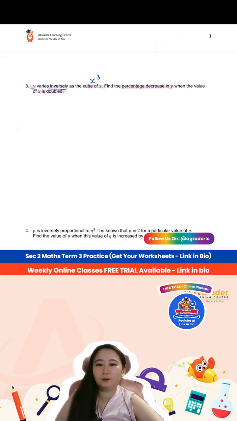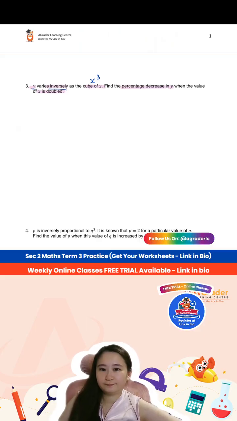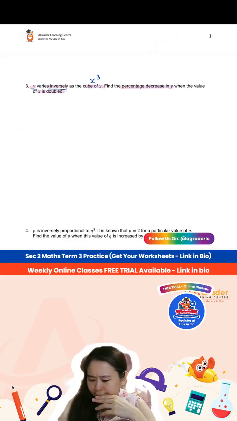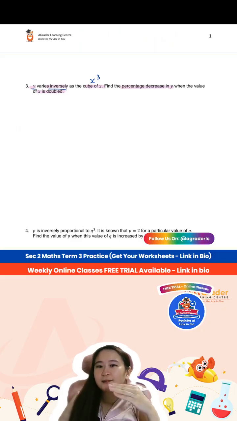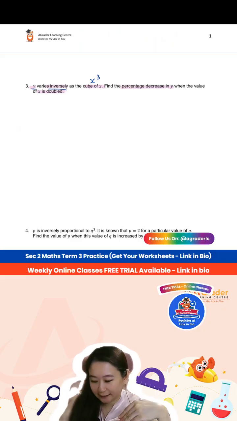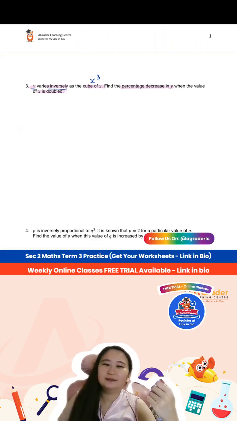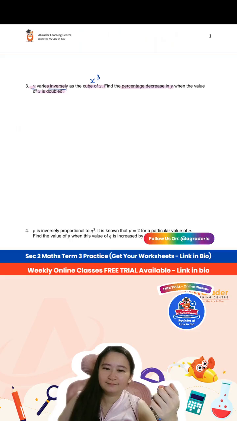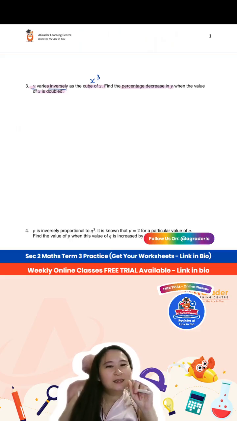Secondary school, all levels can use a calculator for math. Asking for the percentage decrease. 0.5% is not the decrease.